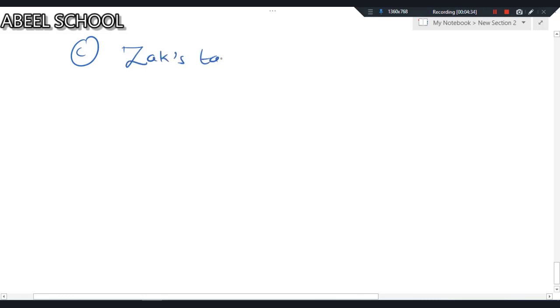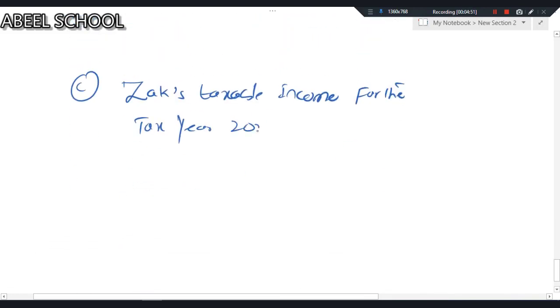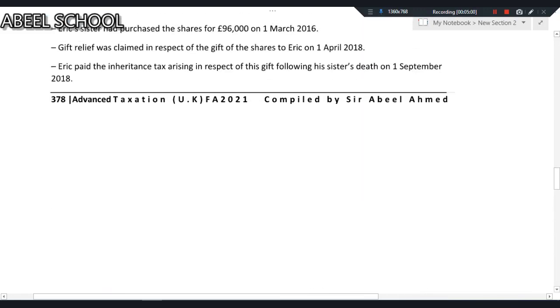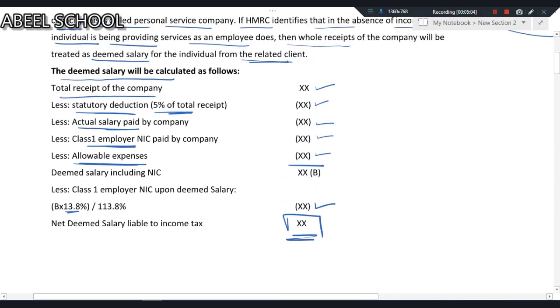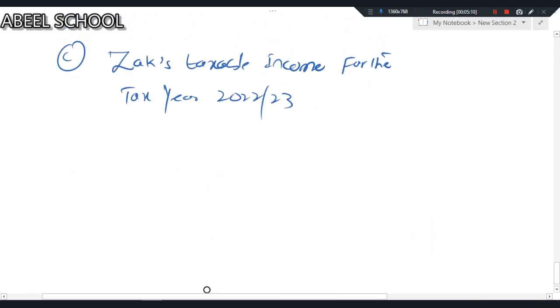Zach's taxable income for the tax year 22-23. Whatever Yo-Yo Limited is getting, the first step is you have to take the fee, the total receipt of the company, total receipt by Yo-Yo Limited.